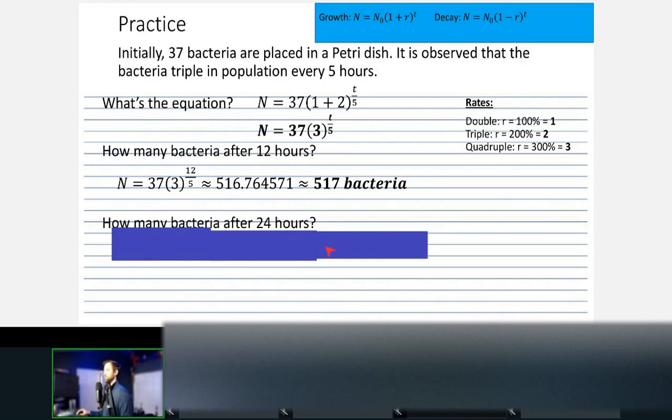All right. What about after 24 hours? How much bacteria? 7217. Anybody else? Just wait for someone to make a rounding mistake so we can talk about it. But don't do it on purpose. Yeah, make sure everyone's typing it in.